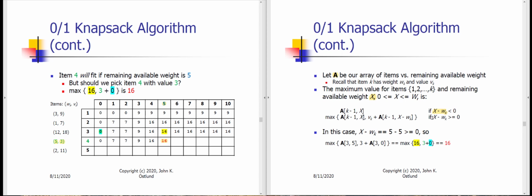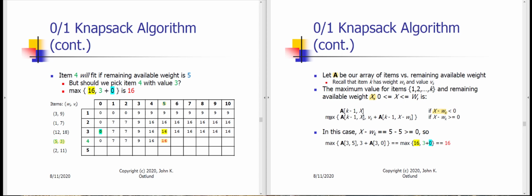Otherwise, if the available space minus the amount of space required by item k, or weight required by item k, is greater than or equal to 0, we can use that thing, x minus w sub k, as an index into the table.